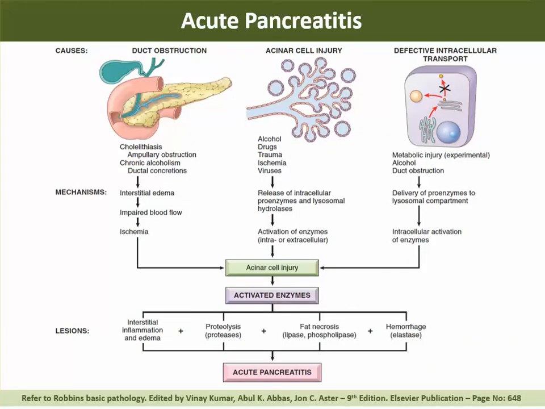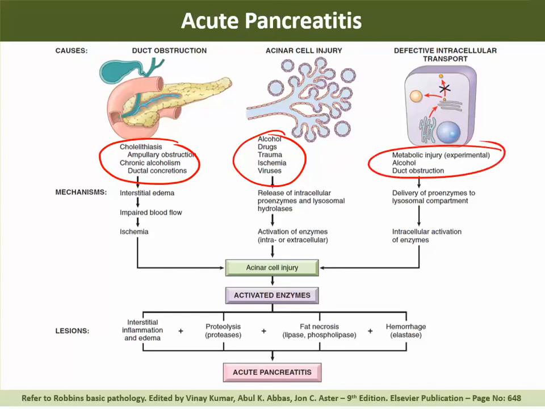Now what happens is, in cholelithiasis, alcohol use or any metabolic injury, it leads to the activation of enzymes. The central element is that the pancreatic enzymes should be activated.